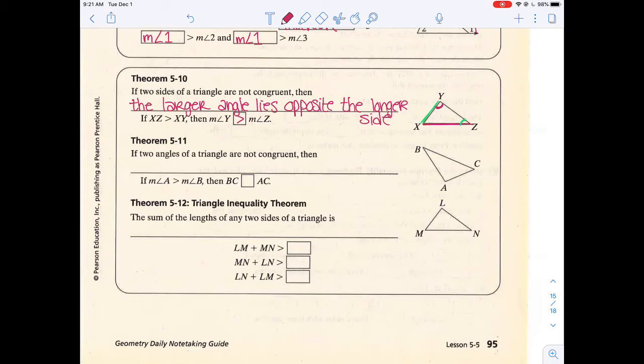Okay, theorem 5.11 says if two angles of a triangle are not congruent, the longer side lies opposite the larger angle.